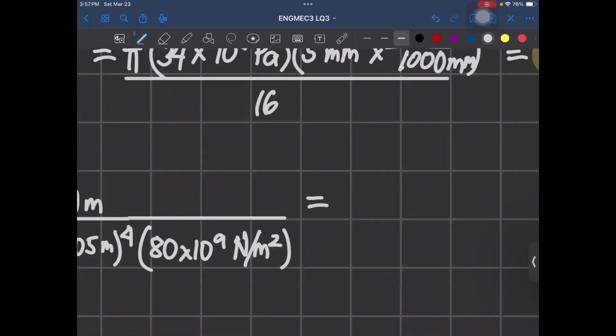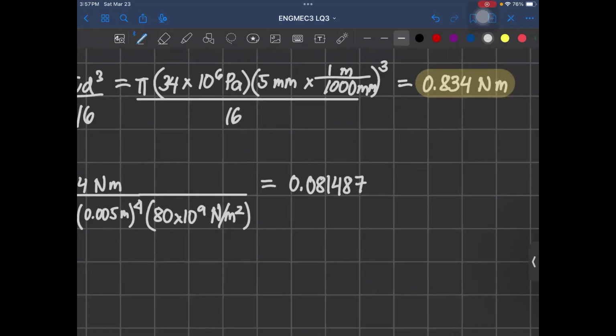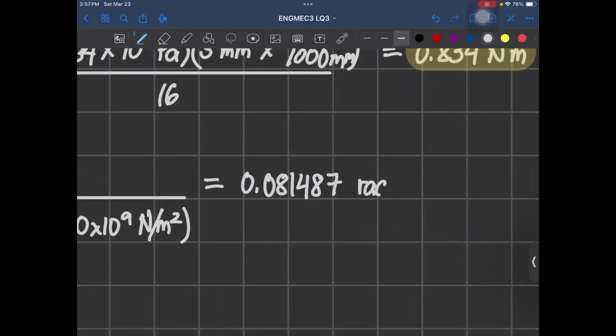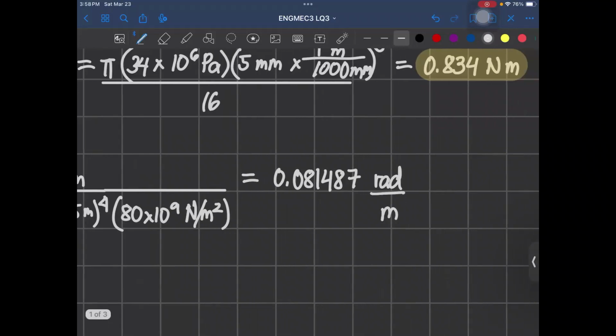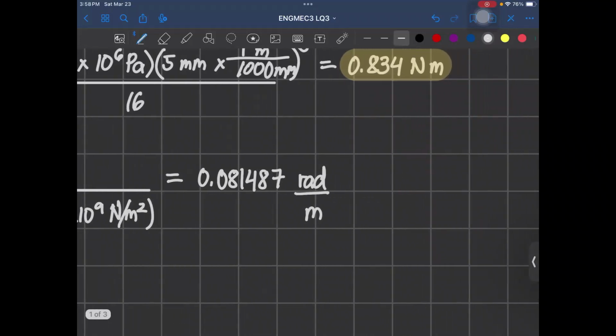And the answer would be 0.08147. So this isn't in degrees yet. This is still in radians per meter, because there's no degree unit here, so the angle would be unitless. Therefore, it's in radians. What we do is multiply it by 180 over pi.